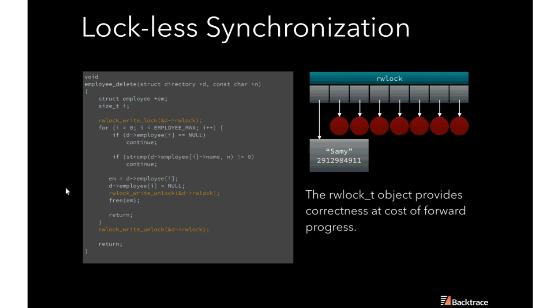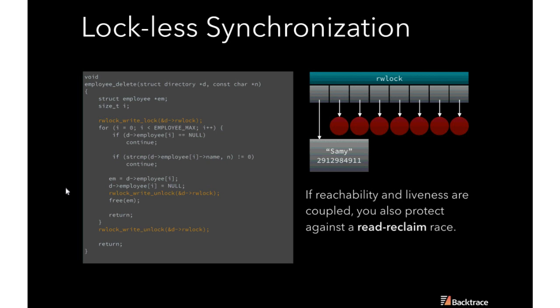And delete is also very similar. Just for the sake of time, I won't go into that too much. An important thing to note with the delete operation: we'll acquire the write lock, loop through every member in this array, and then essentially guarantee that the employee object that we found is no longer reachable.